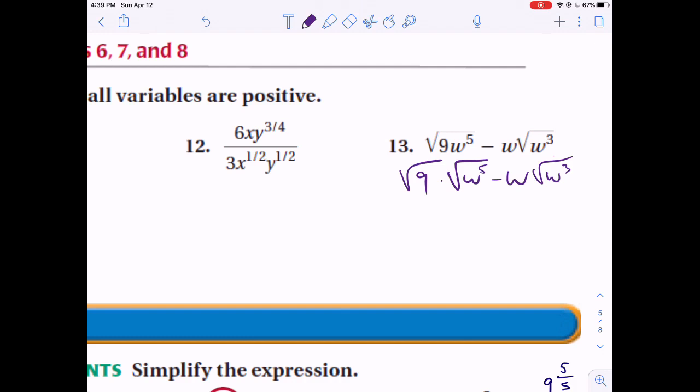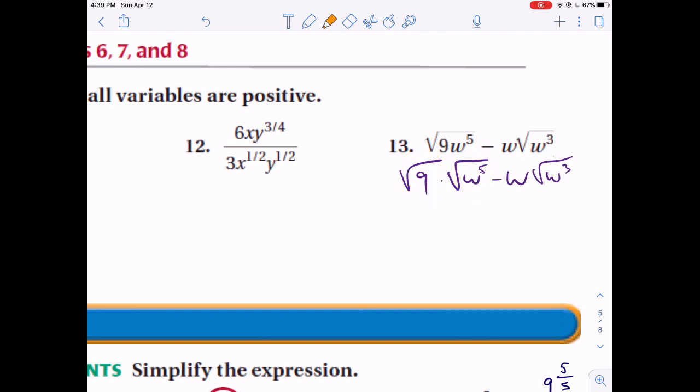To help me simplify radicals, it's nice to have them in the fractional form, because then I can pull things out of the radical. Like when I take this square root of 9, that's just plain old 3. Likewise, I can take the square root of w to the 5th and pull out a couple w's, and I'll show it to you in a moment how we do that.